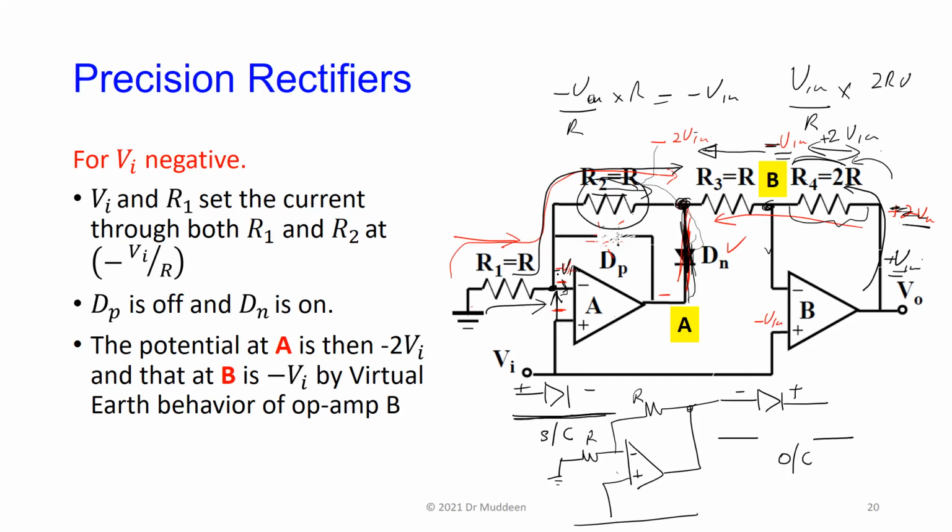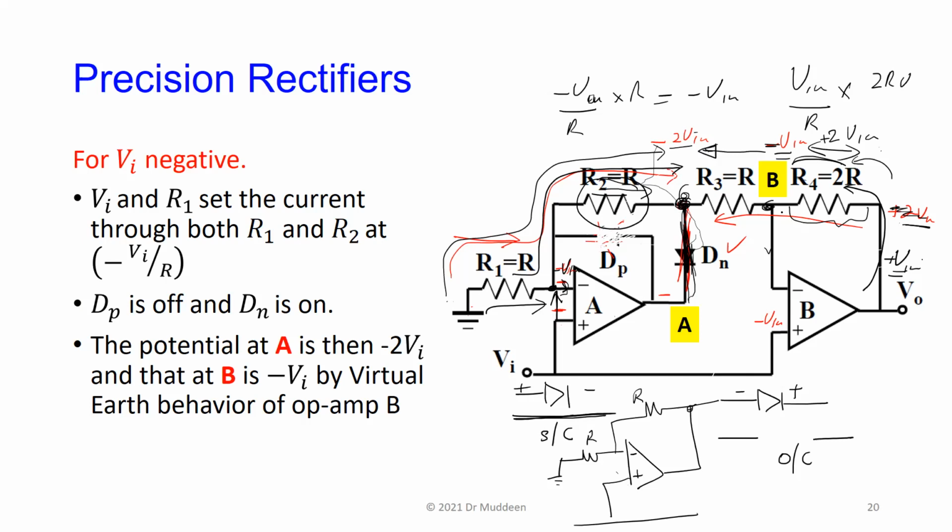Because here's at minus Vn, I'm not taking any current. In order for the current to flow, here's minus, it means the ground is more positive, so the current goes this way, right? Yeah. So in order for the current to go that way, this point here has to be at minus 2Vn.